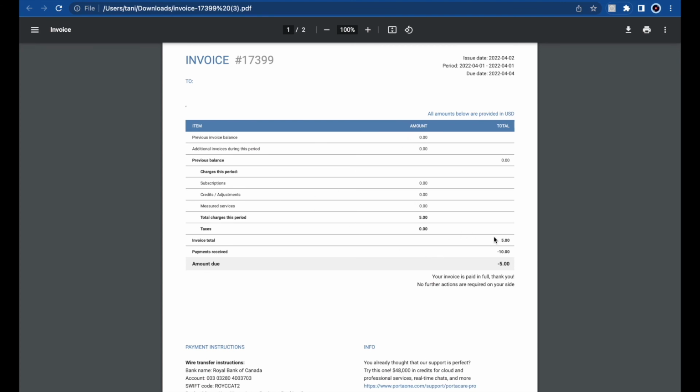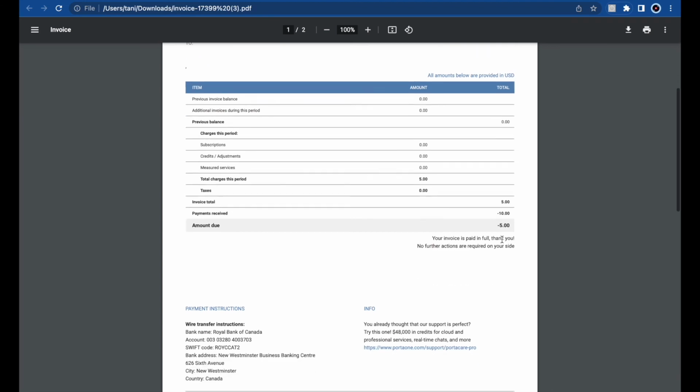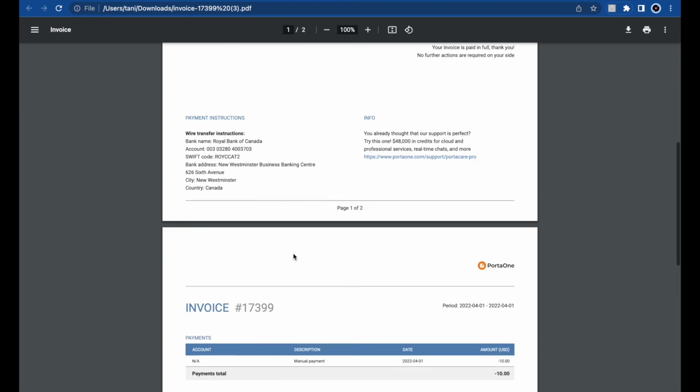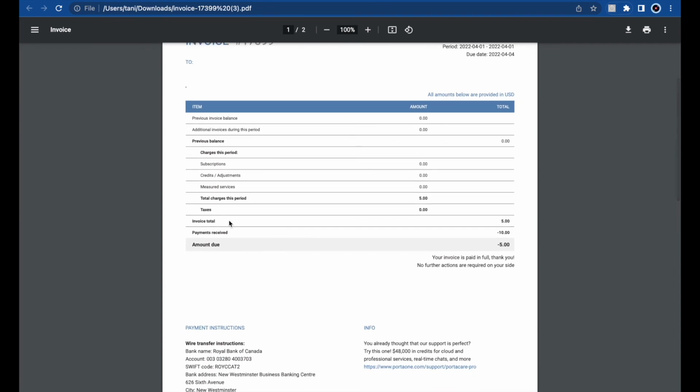The invoice total is $5. That corresponds to the services used, and the payments were received for an amount of $10. So the amount due is therefore 5 minus 10, minus $5.